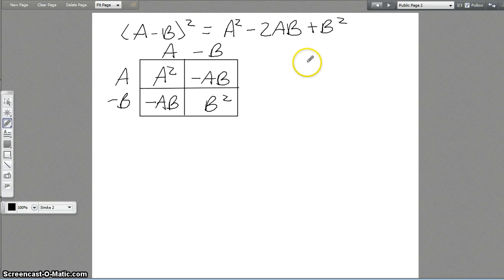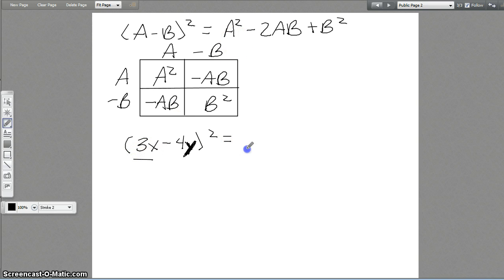Okay, so again, you have to be careful when you have things like, oh, let's do 3x minus 4y squared. So you have to be careful because we have numbers and those numbers are included. So our first term, when we multiply this out, is going to be their first term squared.